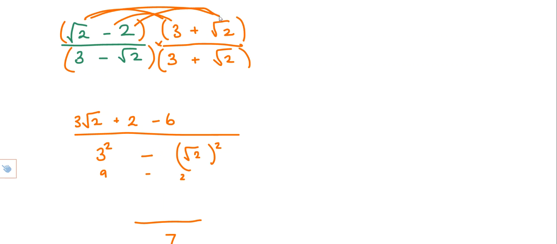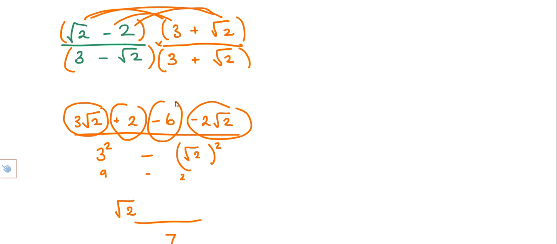And minus 2 times plus root 2 is minus 2 root 2. So collecting like terms, I have 3 root 2's minus 2 root 2's gives me 1 root 2. And plus 2 minus 6 is minus 4. Okay? I got that.